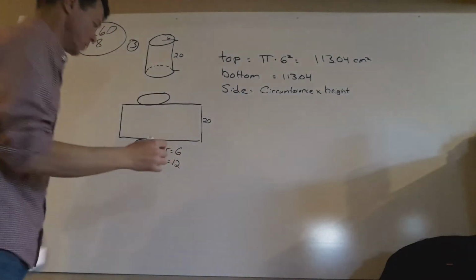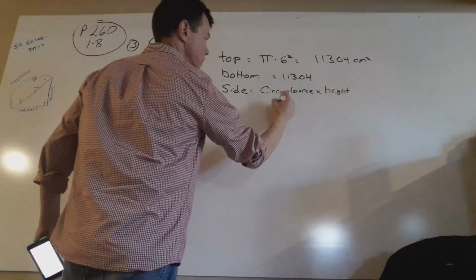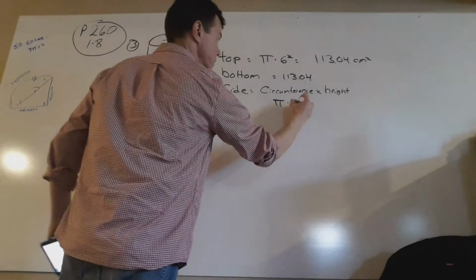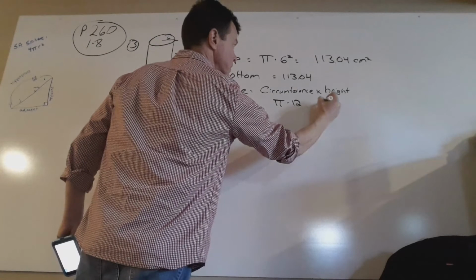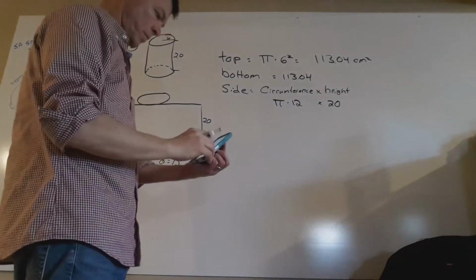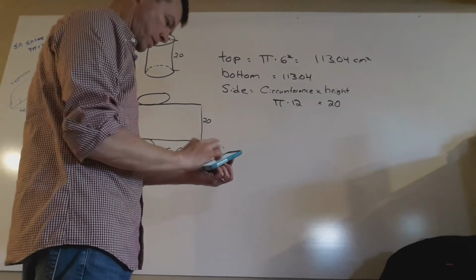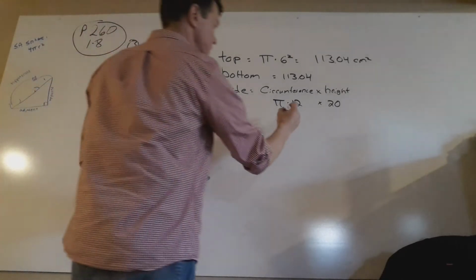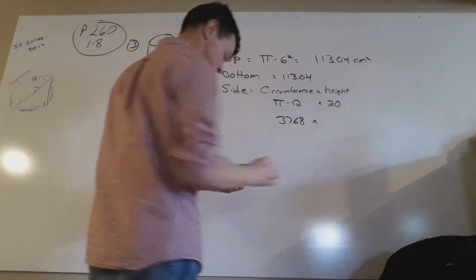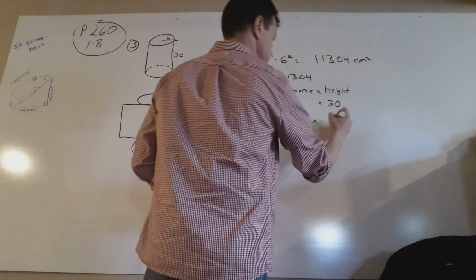Circumference is pi times diameter, so pi times 12, and then this times our height, 20. 3.14 times 12 is 37.68, times 20 is 753.6.